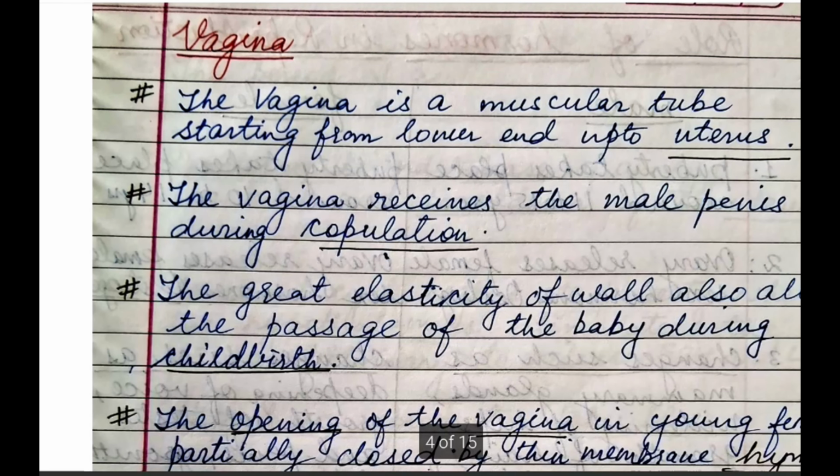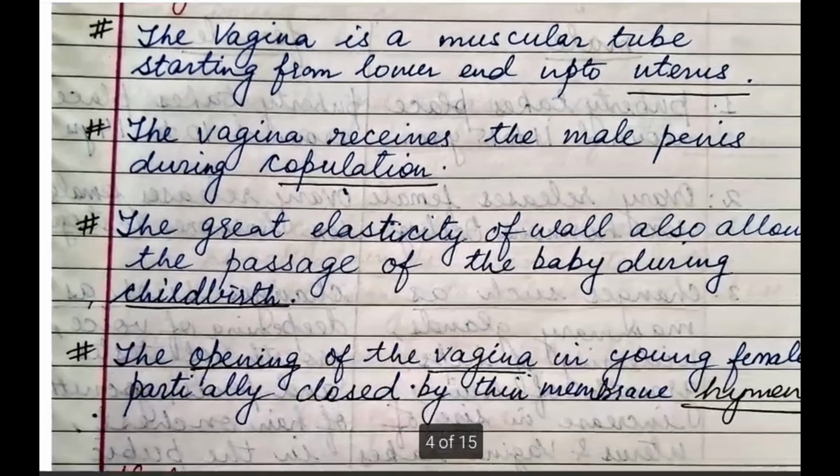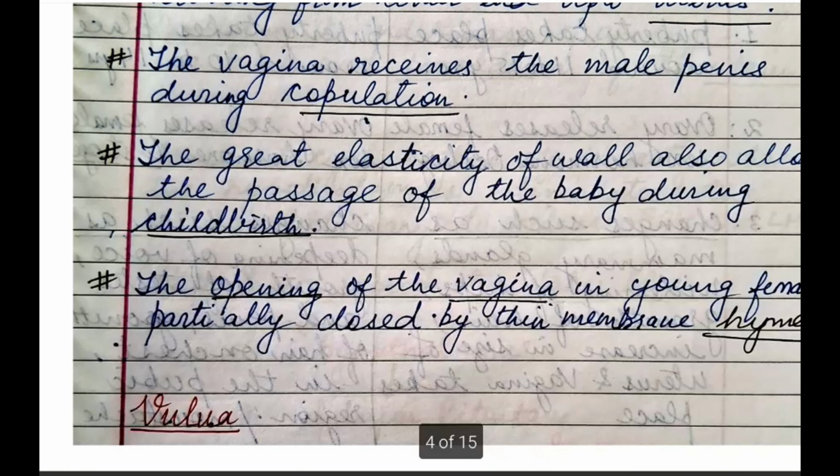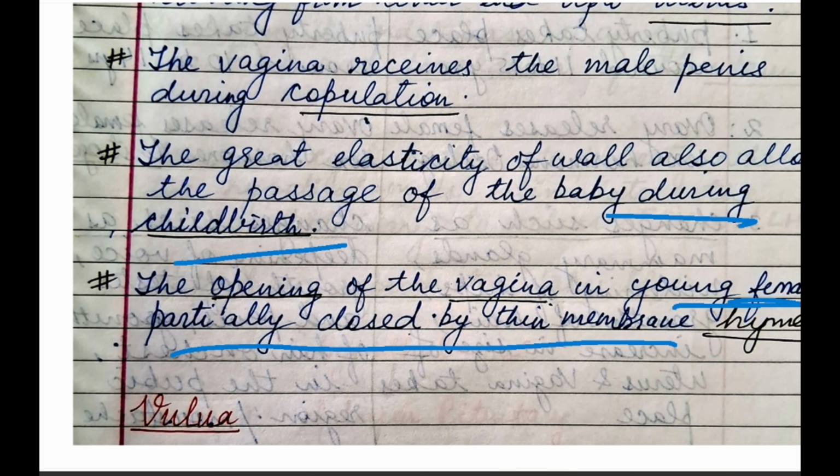The next part of the female reproductive system is the vagina, the place where it receives the sperm. The vagina is a muscular tube starting from the lower end up to the uterus. It receives the male penis during copulation. The great elasticity of its walls allows the passage of the baby during childbirth. The opening of the vagina in young females is partially closed by a thin membrane called the hymen.